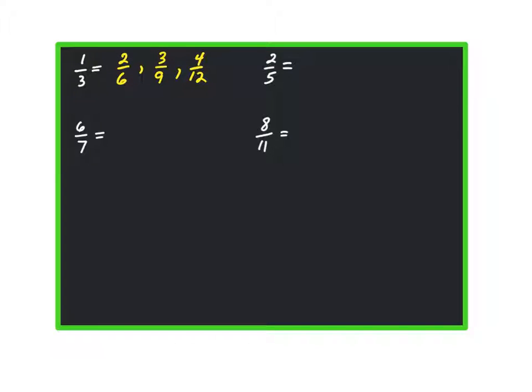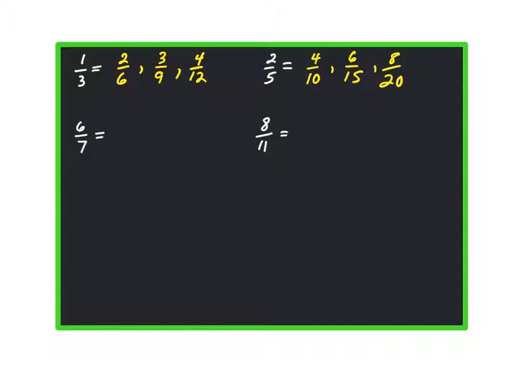Now let's look at 2/5. Same thing, multiply top and bottom by 2. That's going to give me 4/10. If I go 2/5 times 3, top and bottom, 6/15. And if I do 2/5 times 4, that would be 8 over 20.